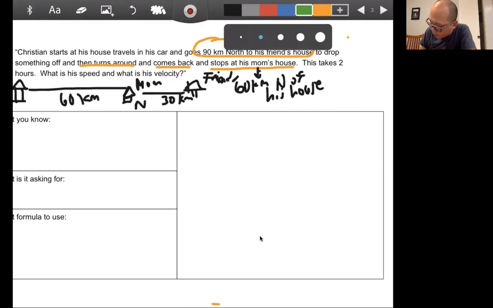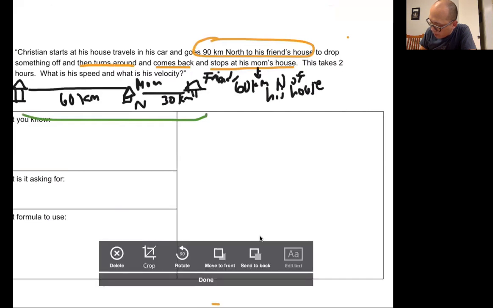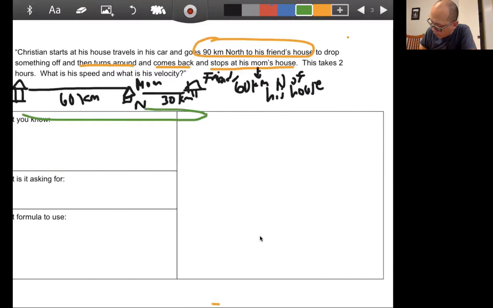So I wanted him to do this, to go all the way out 90 kilometers to go to his friend's house, and then I wanted him to go back to his mom's house, just like the story said at the beginning. And I wanted all that to take the same 2 hours, all right? It's like saying, oh, there's this piece of information, it's 2 hours. He actually stopped at his friend's house before coming back, all right? North-south direction once again, okay.